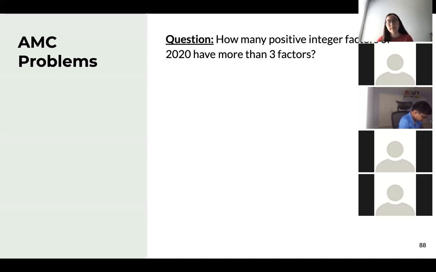This one is pretty difficult, so I don't expect you guys to be able to do it, but let's just go through it step by step. So try finding the prime factorization for 2020 as your first step, and then put it in the chat.